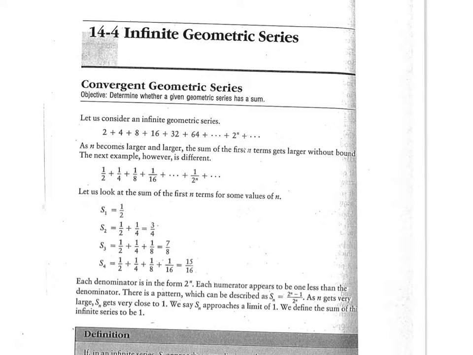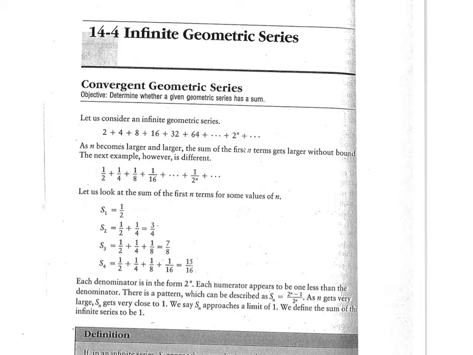And then in this case, a half of a half is a fourth, half of a fourth is an eighth, half of an eighth is 1 over 16, half of 1 over 16 is 1 over 32, half of 1 over 32 is 1 over 64. So in this case, we're adding on a smaller and smaller number each time. So this is going to settle down to a number. We're going to reach some limiting factor.